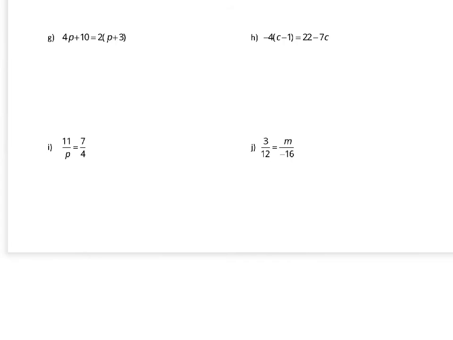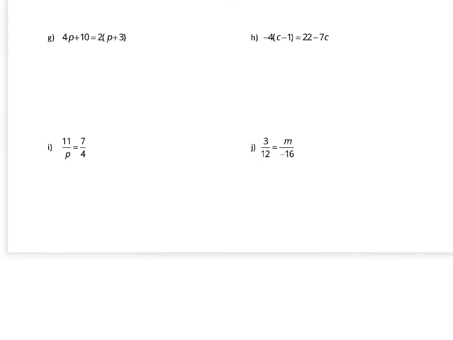Do you know what to do from here? The last move would be to divide both sides by 12 to get m alone. Upon doing that, you will arrive at a final answer of m equals negative 4. Once again, one single answer to the equation, and if you check it and plug it in, the statement would read 3/12 equals negative 4 over negative 16.